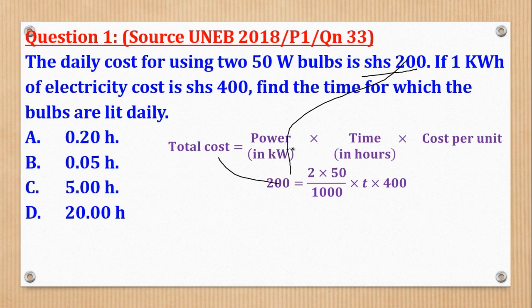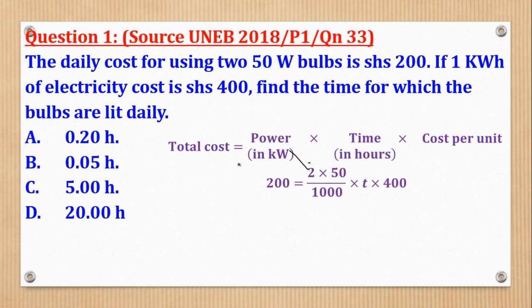Then with the power, they said 50 watts, but they are two bulbs, so it will be 2 times 50 to give you this power. But this power is in watts, which is why we have to divide by 1000 to make it kilowatts.